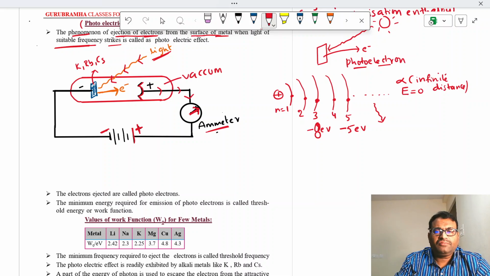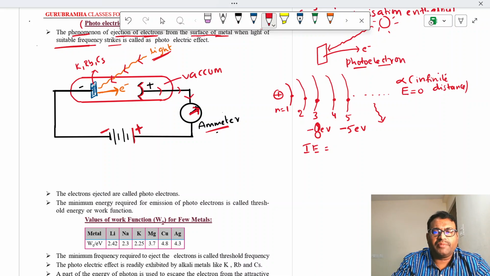Okay. And ionization energy. What is meant by ionization energy? It is the amount of energy required to remove an electron from the outermost orbit, which we discussed. That is first ionization energy or ionization enthalpy. So you are removing this electron.